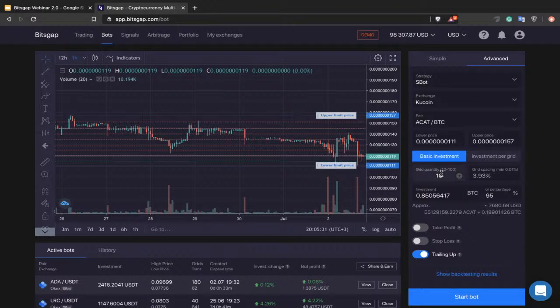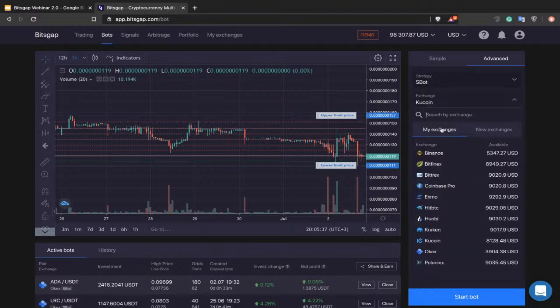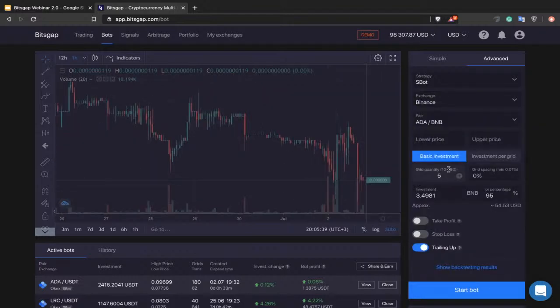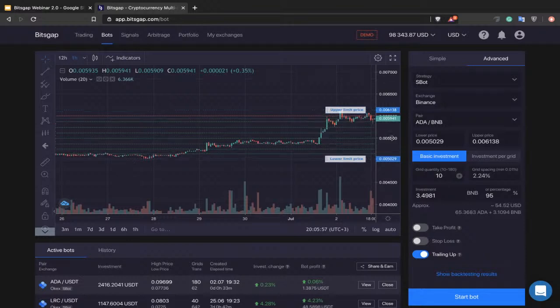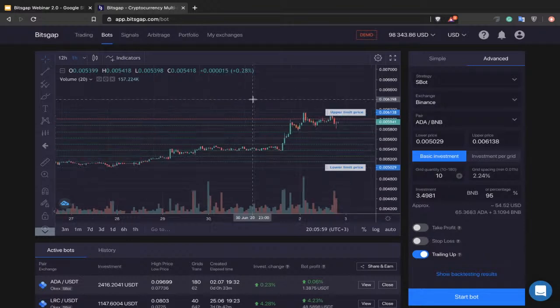Notice that here I have the grid quantity maxed to 100, whereas at Binance I have it up to 180. So that's because technical features can significantly vary depending on the chosen cryptocurrency exchange.